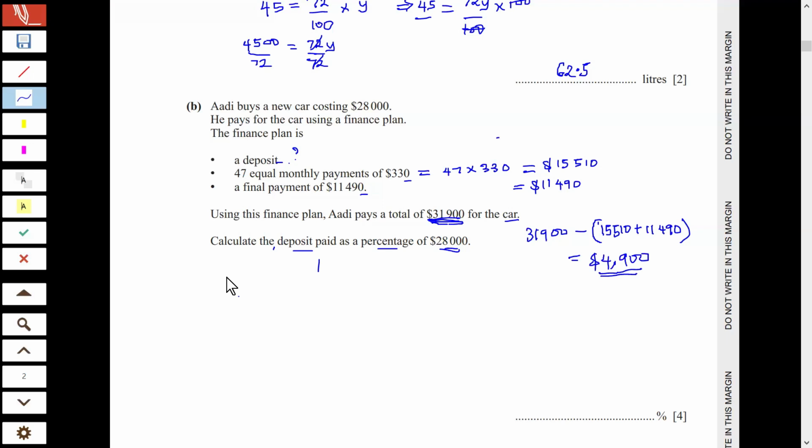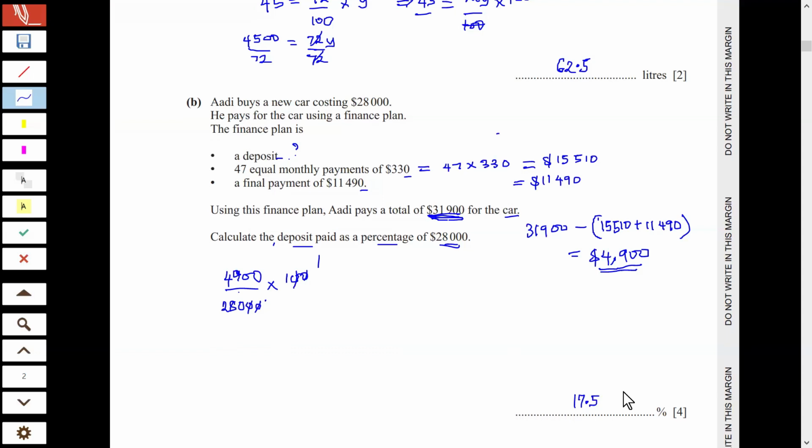So we're going to write the deposit, which is 4,900, over $28,000, times 100%. So we can cancel out the zeros and then divide 4,900 by 280. This will give a final answer of 17.5% as the answer to question B.